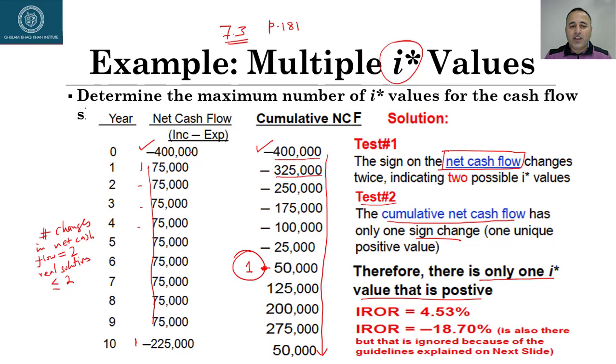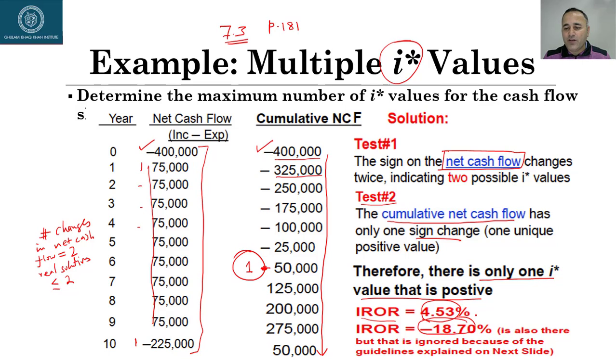If you plot all these numbers in Microsoft Excel and calculate the IRR, one IRR is 4.53 and the second IRR is minus 18.70. It fits the Nordstrom criteria because we established that there is one positive IRR, and we can see that one is positive and one is negative.